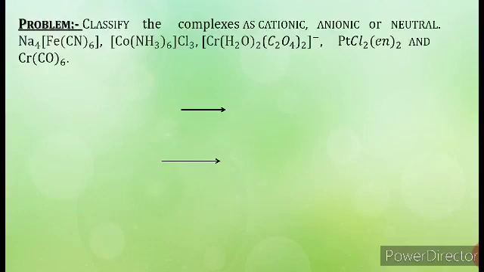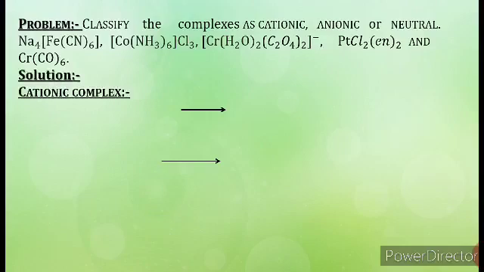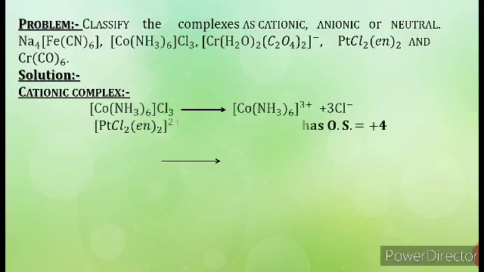Now one more problem is there. You have to identify which are the neutral, which are the anionic, and which are the cationic complexes. See, cationic complexes first we are taking.